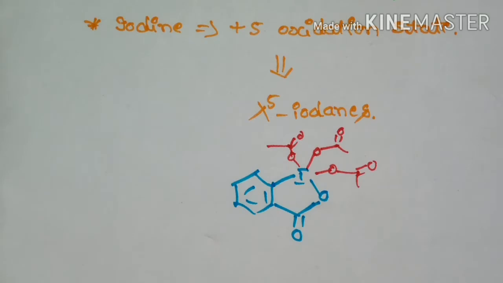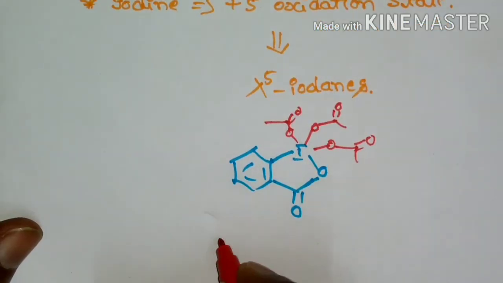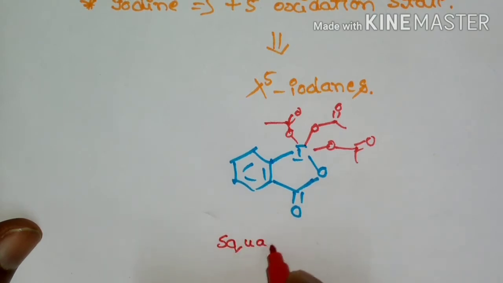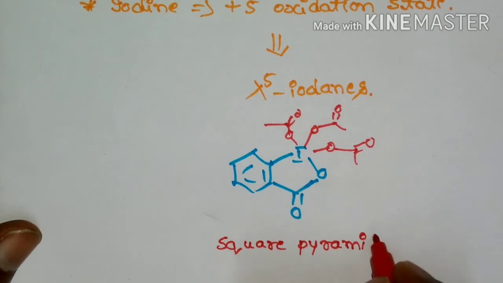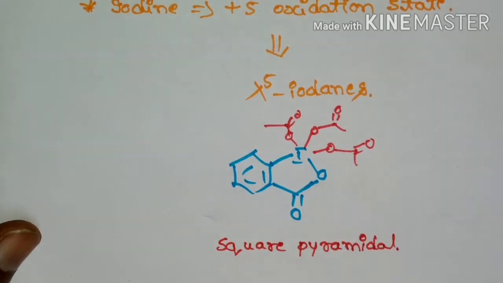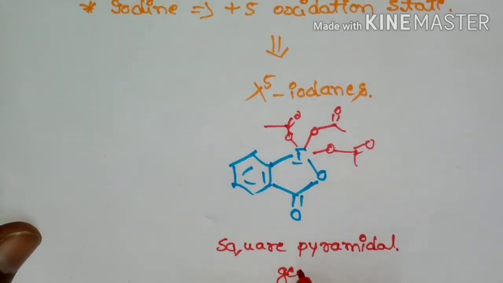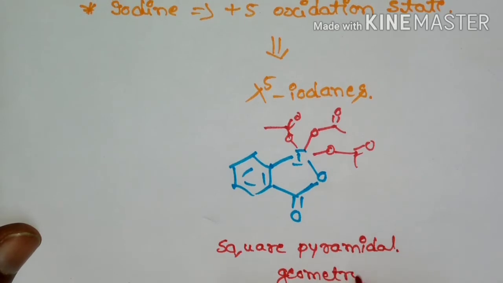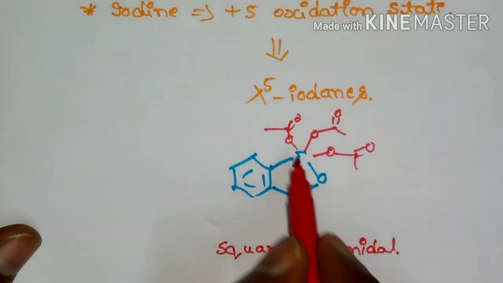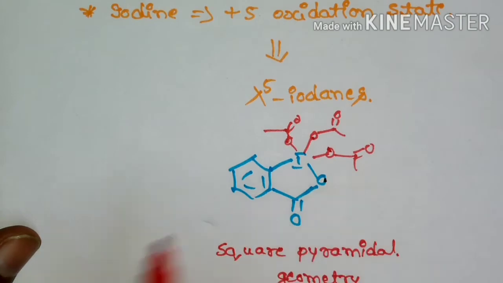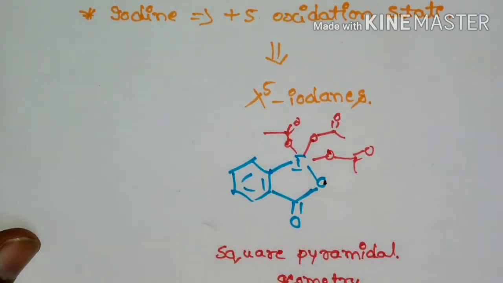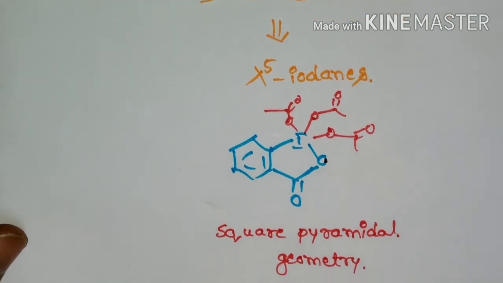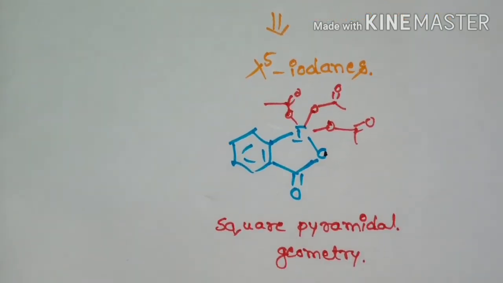It is a triacetoxy derivative. The geometry of this iodine structure will be square pyramidal. These 4 oxygens are at the basal points, and this phenyl ring will be apical. So it has square pyramidal geometry.